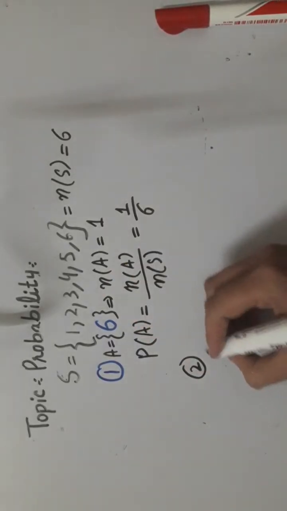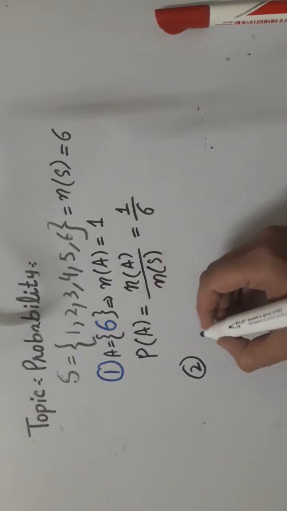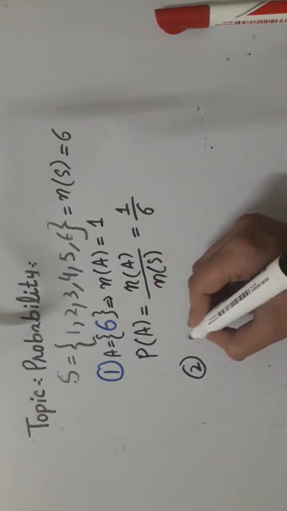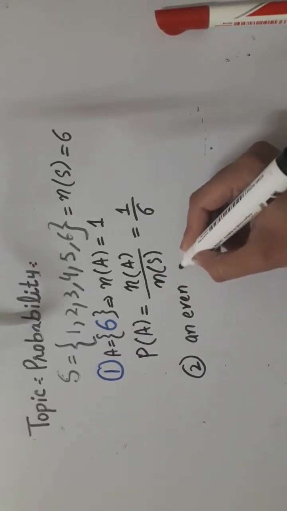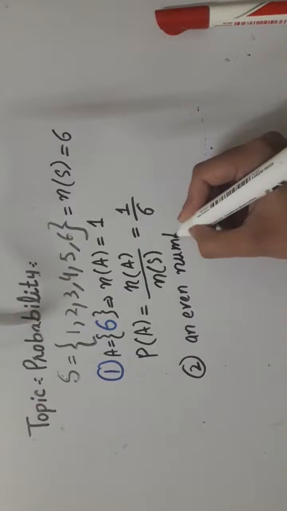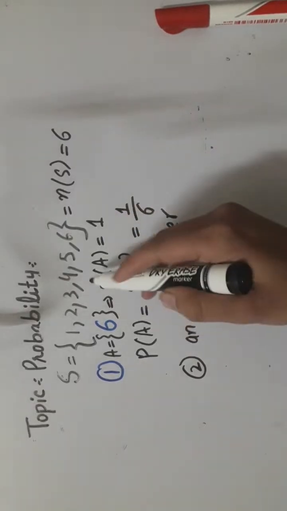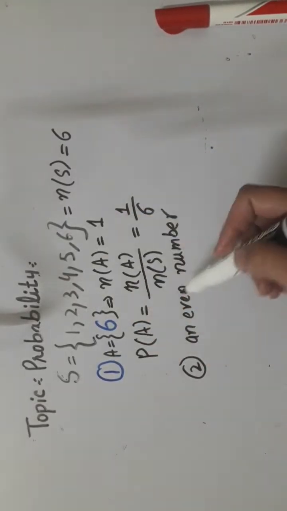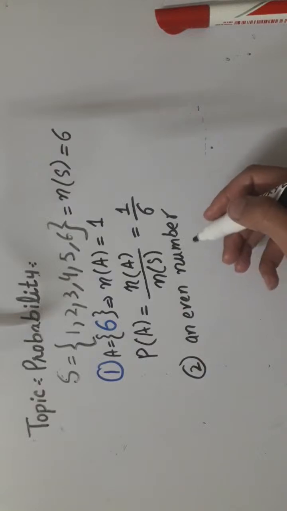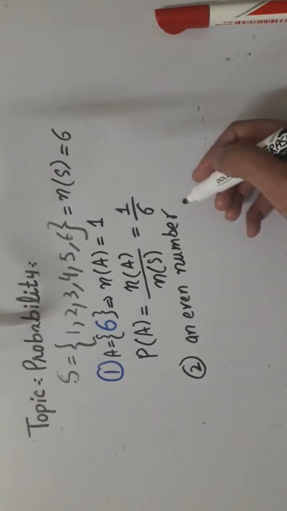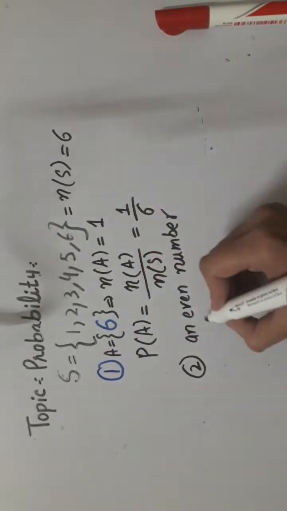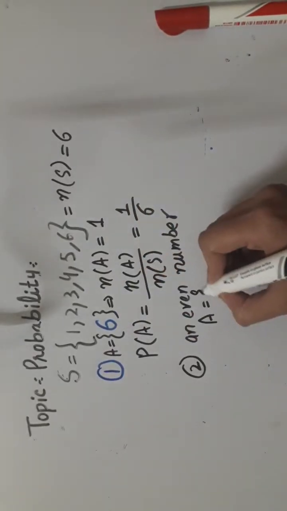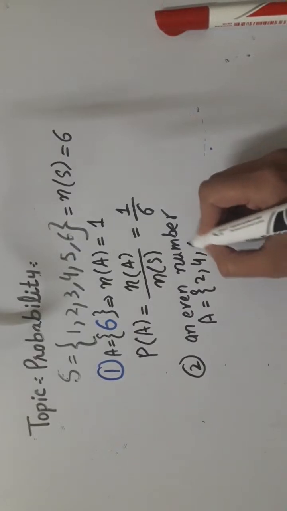Now we have another question related to this: the outcome is an even number. When you roll a die and the outcome is an even number, what is the probability of this? Even numbers are 2, 4 and 6. So the event A is equal to 2, 4 and 6.